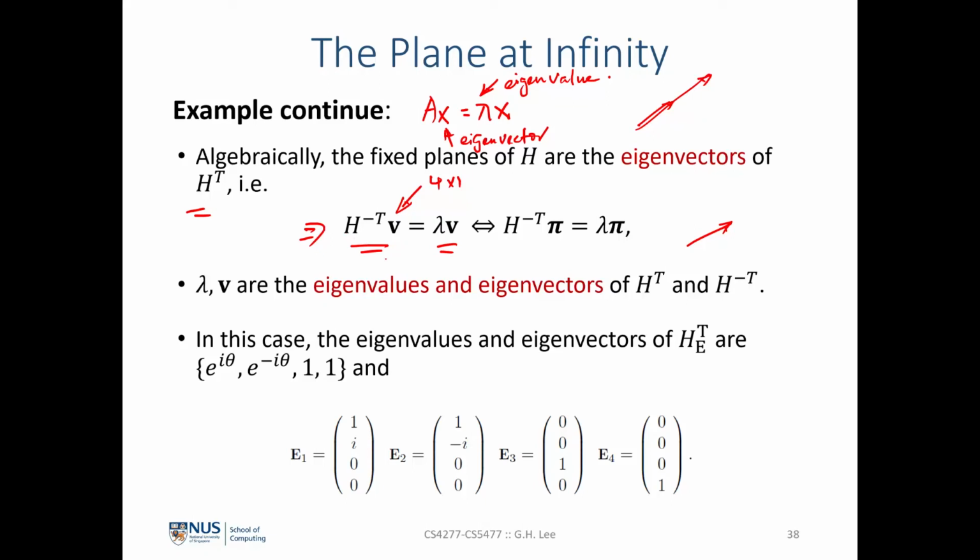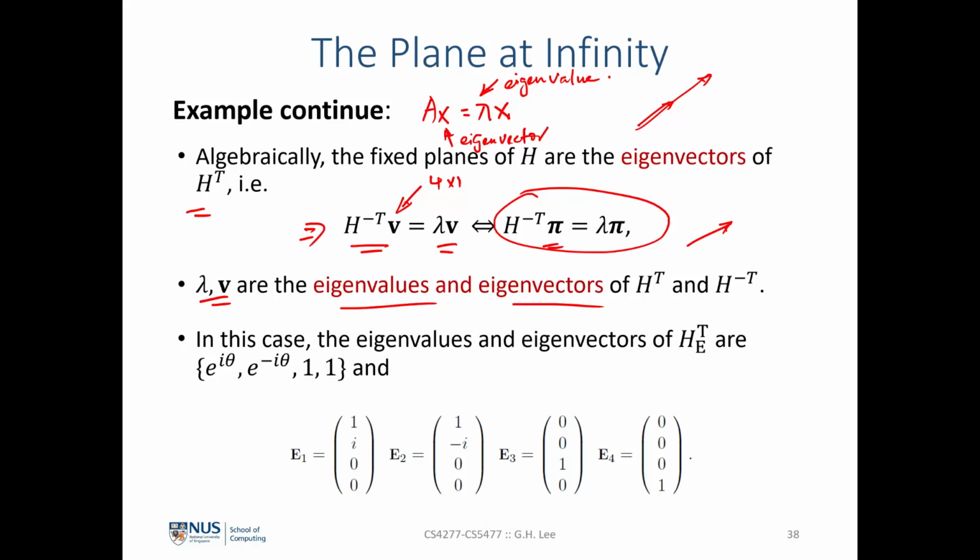Then this set of planes would remain invariant to the transformation given by H over here. And we can see that we can substitute V here by pi, which is our plane equation, and this would exactly form the transformation, where lambda and V here are eigenvalues and eigenvectors of the H transpose and H inverse transpose respectively.